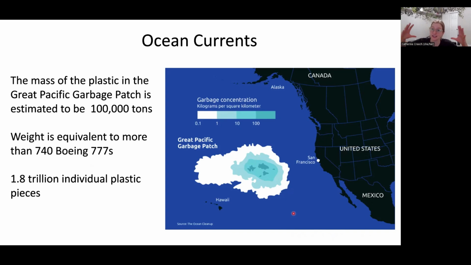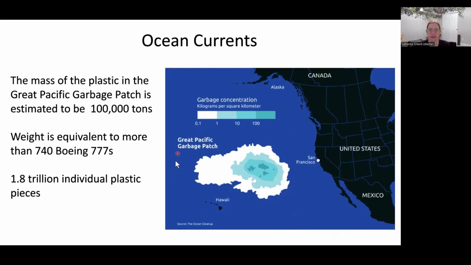But because that ocean current swirls around it, and much like when you stir your coffee or something and you see the bubbles swirl in the center, they kind of group up in the center, that ocean current creates this twirl which sucks all of the garbage together in the center.